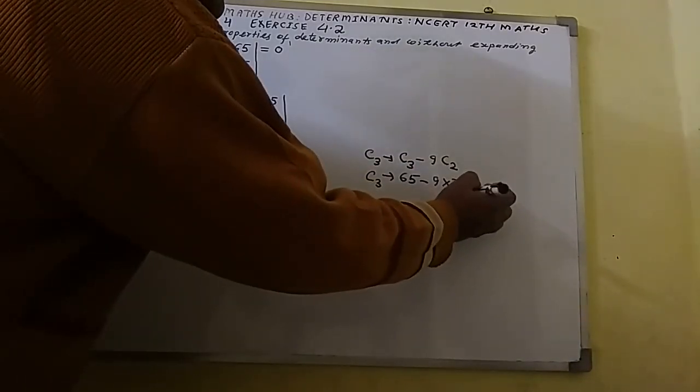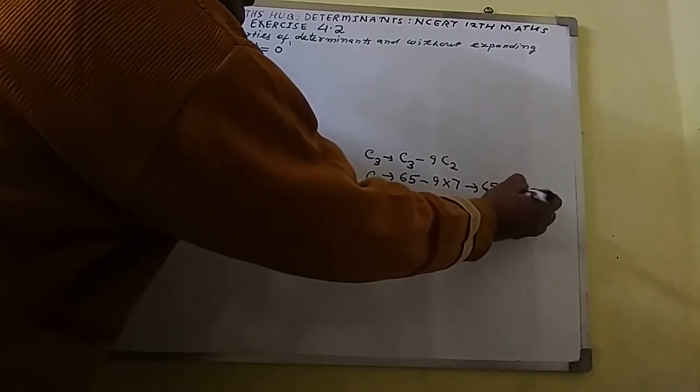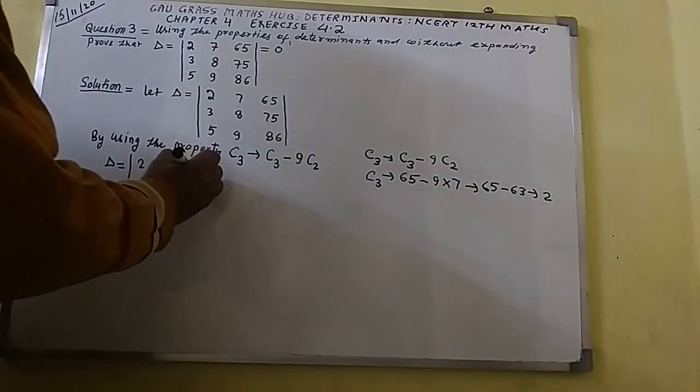So this goes to 65 minus 63, which comes out to 2. So write here 2.